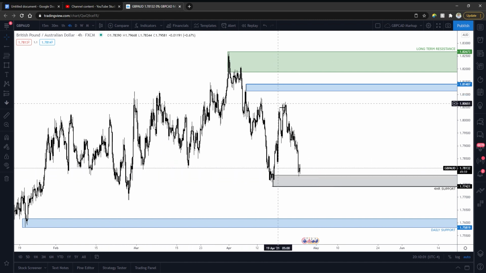So swing high, swing low. What is that? 60 pips. Swing high, swing low, swing high. I'm going to mark this as a zone, 4-hour zone. Let me bring it down.